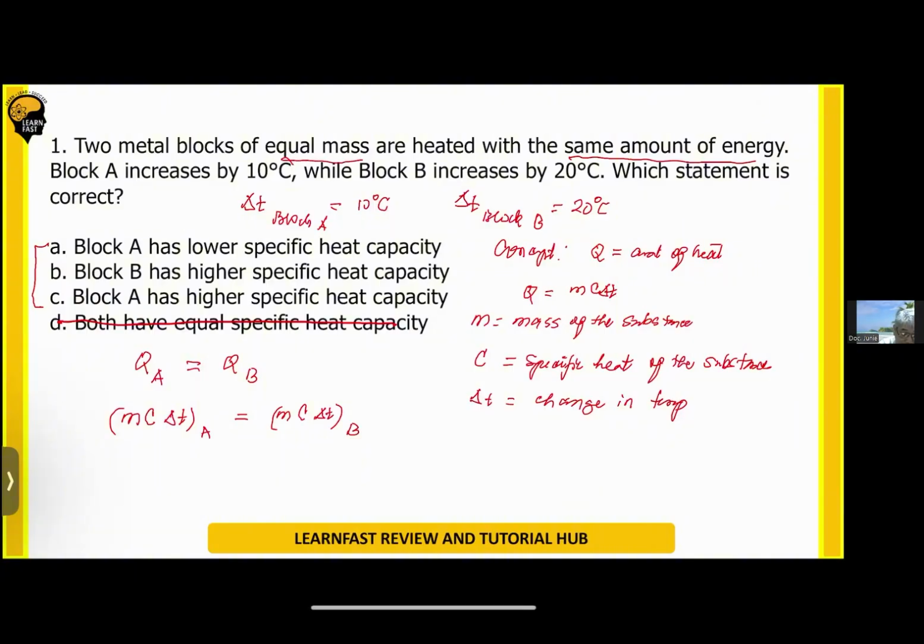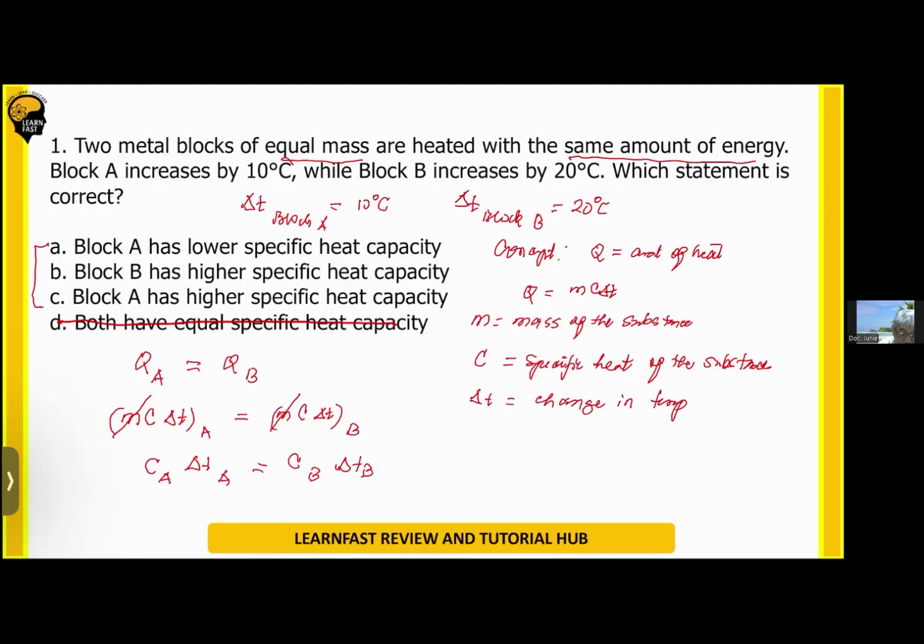So the equation is trimmed down by canceling out the mass. The left side simply contains the specific heat of block A times the delta T of block A, equal to the specific heat of block B times the delta T of block B.